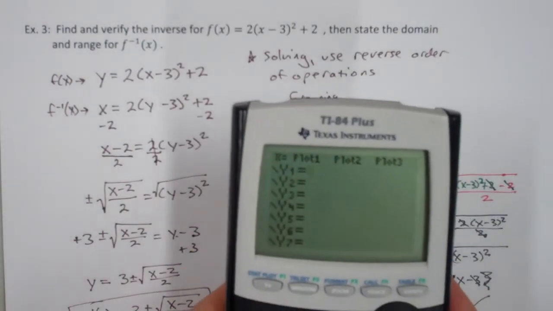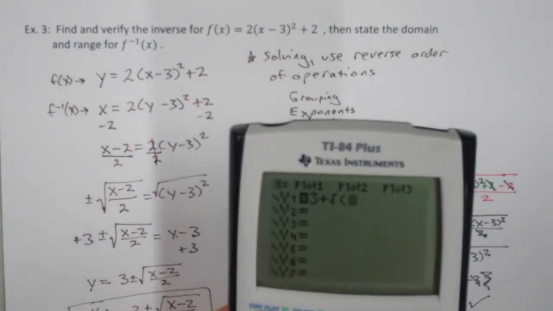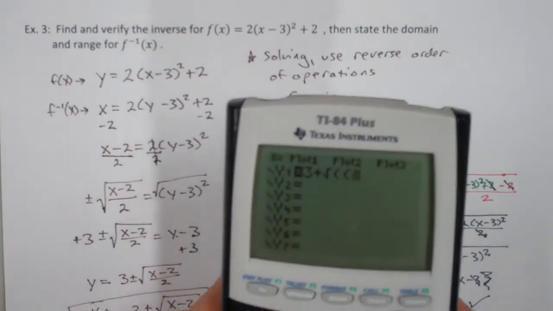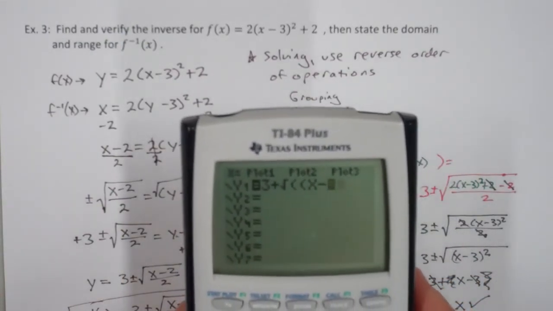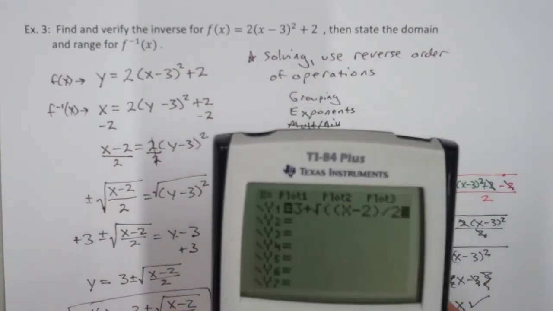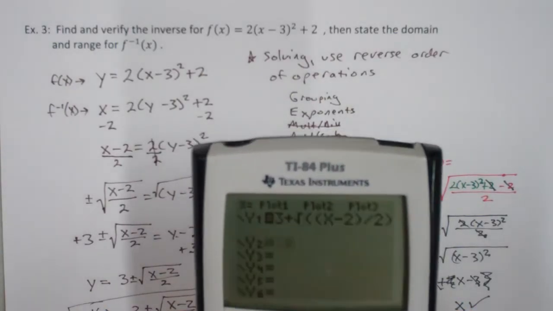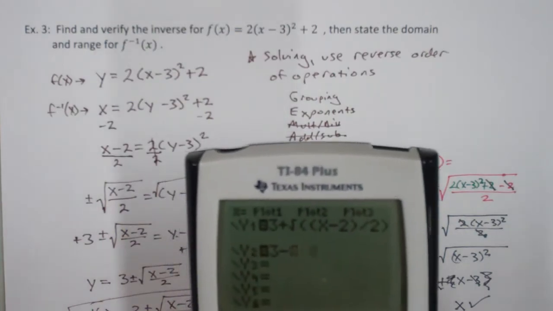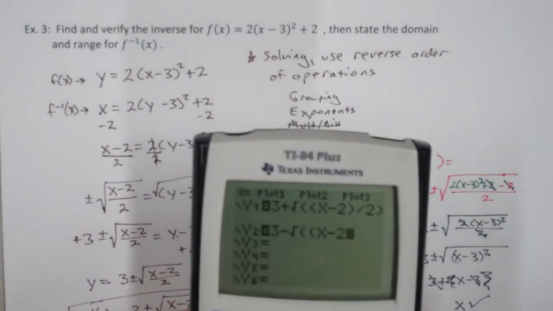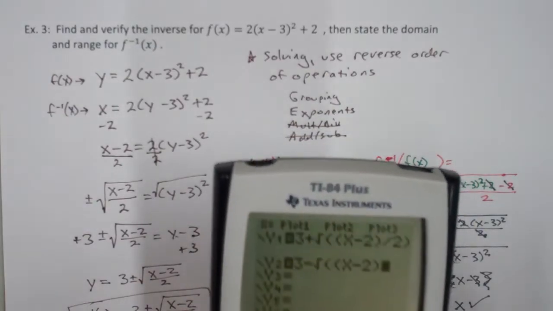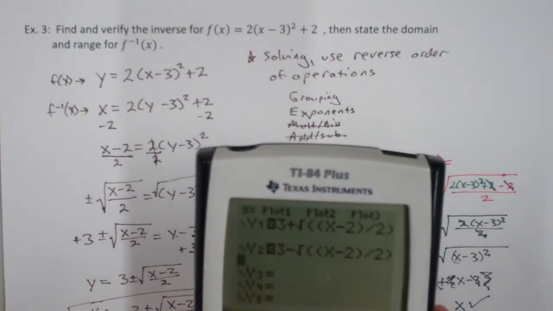So we've got 3 plus square root, and I need to use parentheses again here. That's x minus 2. Oops, it should be minus 2. We'll divide by 2, and then we'll do the negative part here. So that's going to be another parenthesis, x minus 2, and then divided by 2. And we should be good.